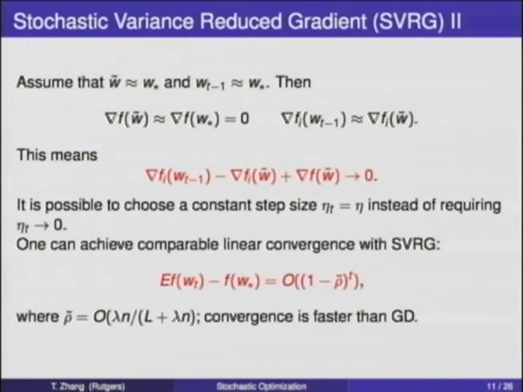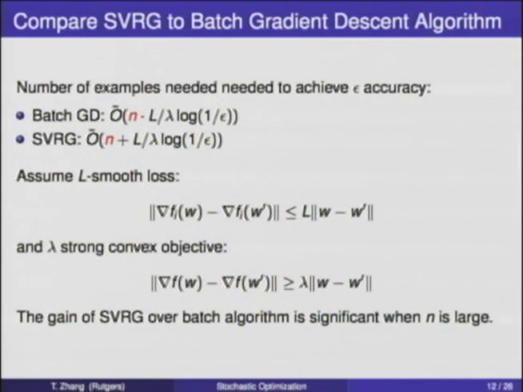That's the key point. In fact, if you compare this convergence to gradient descent, you see faster convergence. Roughly speaking, in a very loose way, we have a condition number times this, as in gradient descent, but each gradient descent step requires looking at n examples.